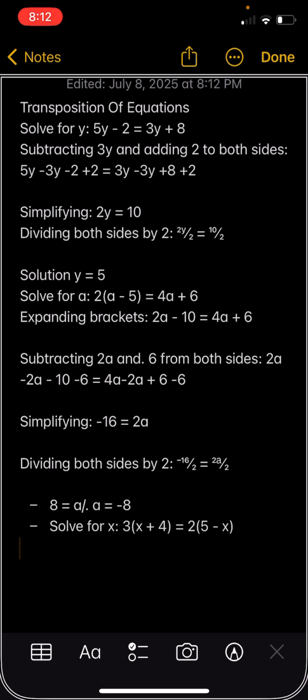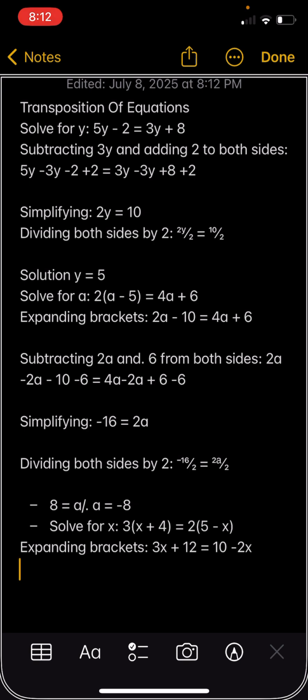So on the left side we have 3x plus 12, and on the right side we have 10 minus 2x.